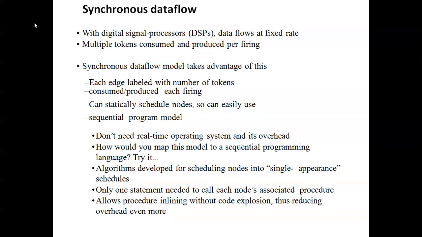And synchronous data flow. Digital signal processing uses the synchronous data flow model, which has some advantages. Each edge is labeled with the number of tokens consumed and produced at each firing. You don't need a real-time operating system and its overhead; the algorithm is developed for scheduling. You know what synchronous is?